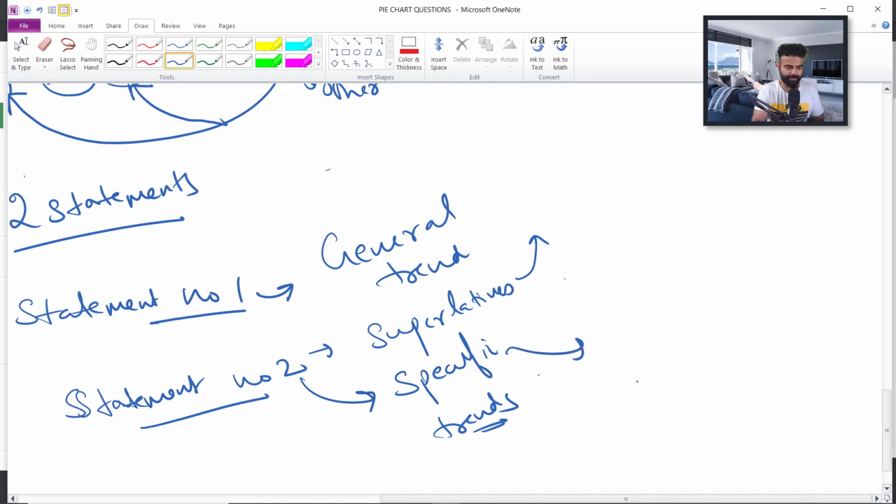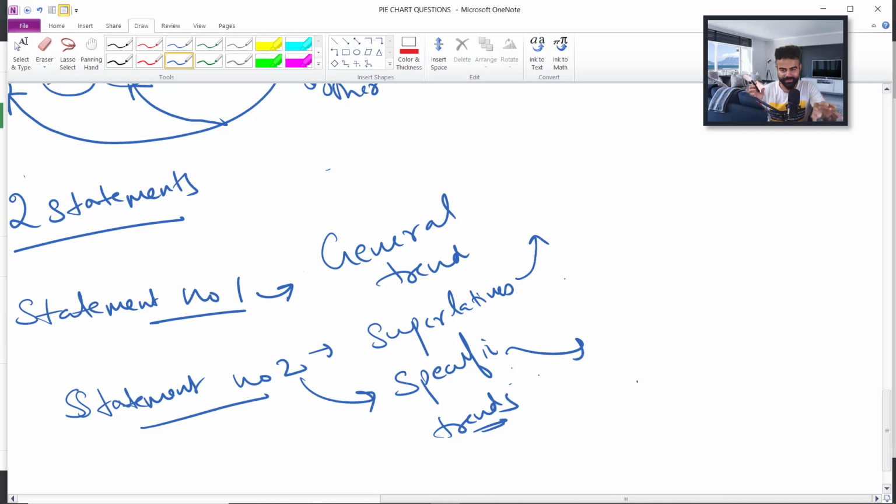Let's talk about specific trends first. Specific trends mean you have to observe if there are any peaks, any dips, or any fluctuations in the diagram that are making this diagram more specific, right?